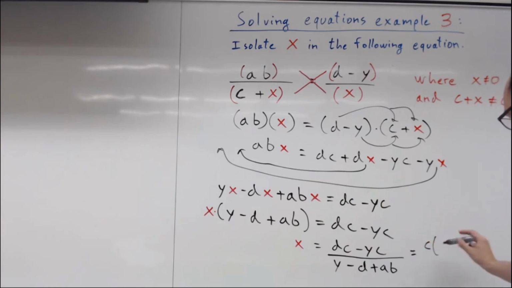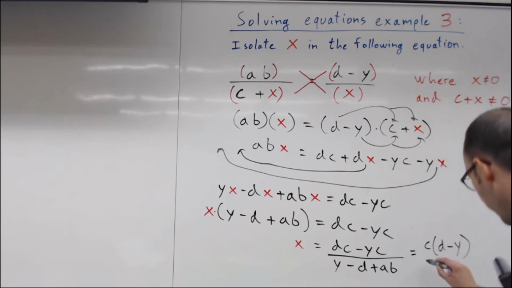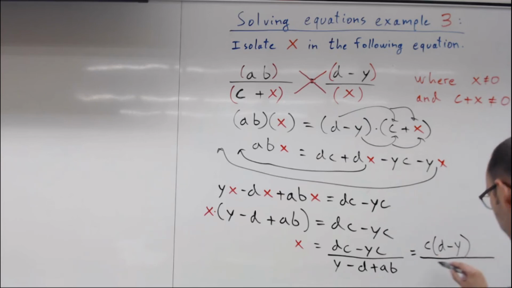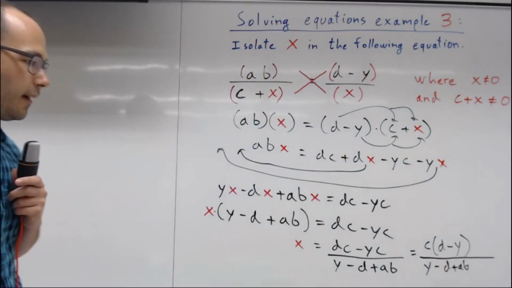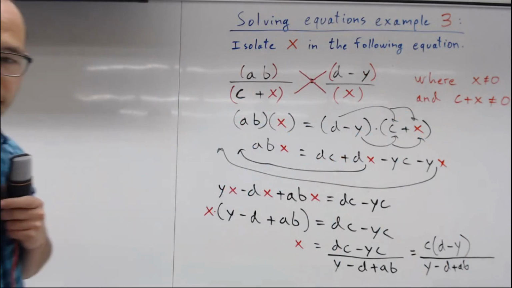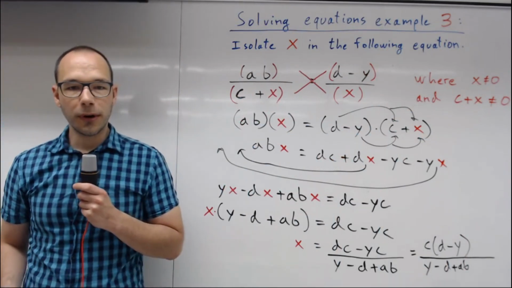It's going to be D minus Y. So I'm going to have C times D minus Y over the same expression, Y minus D plus AB. So I can even factor out my C if I want to be even more polite. So I'm done.